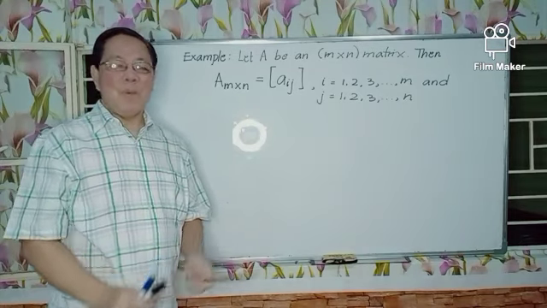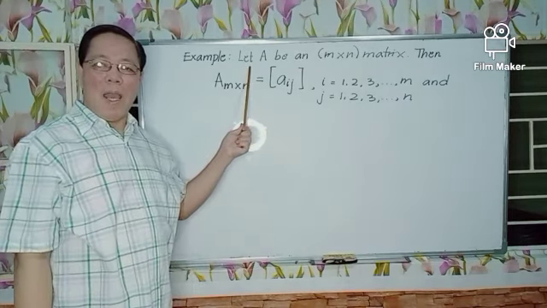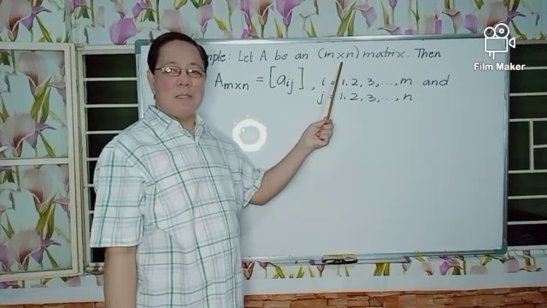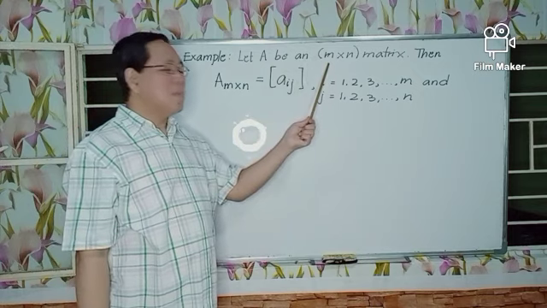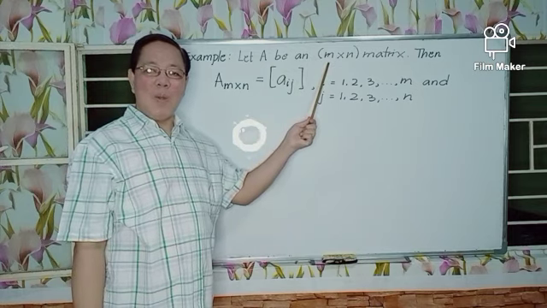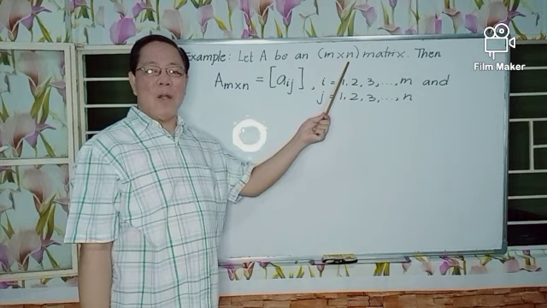We take an example. We let A be an m by n matrix. So if A is an m by n matrix, matrix A has m rows and n columns.